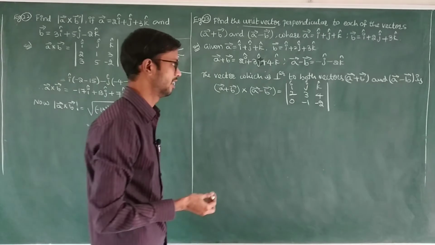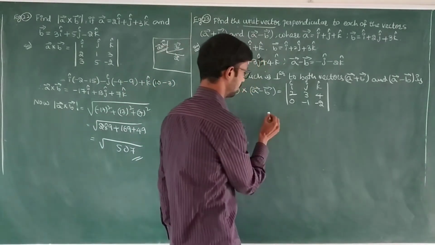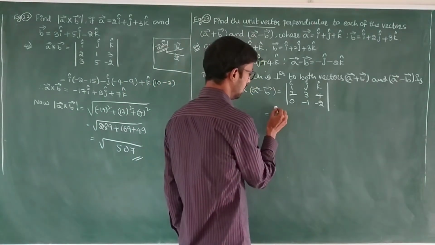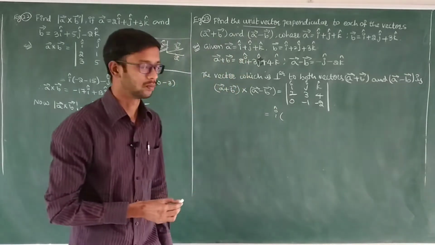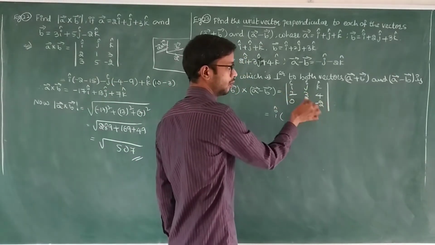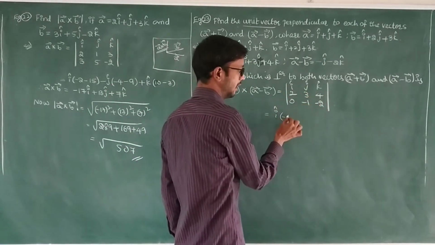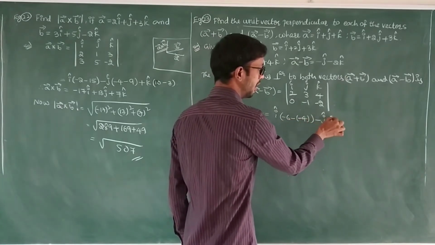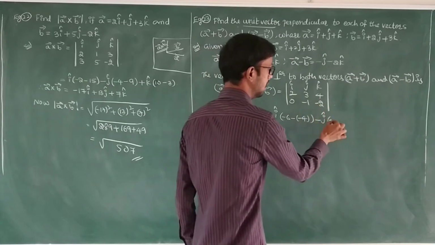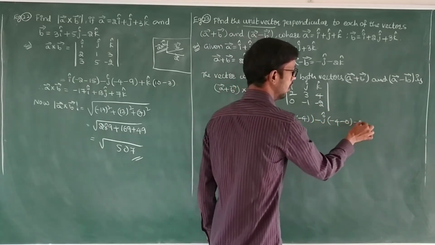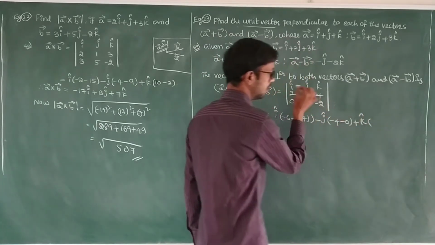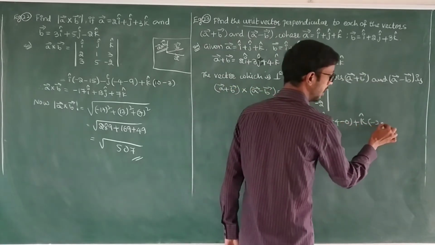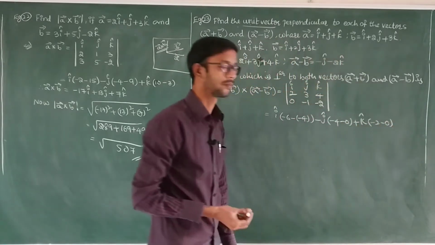So now simplify this one. I cap into minus 6 minus, minus 4, minus j cap into minus 4 minus 0, plus k cap into minus 2 minus 3 minus 0.